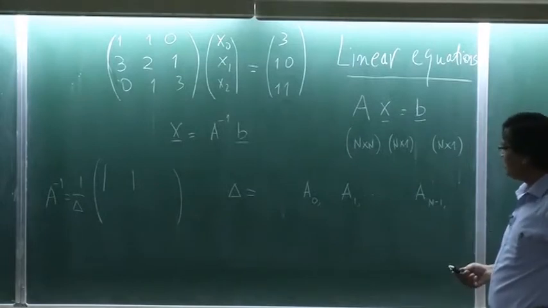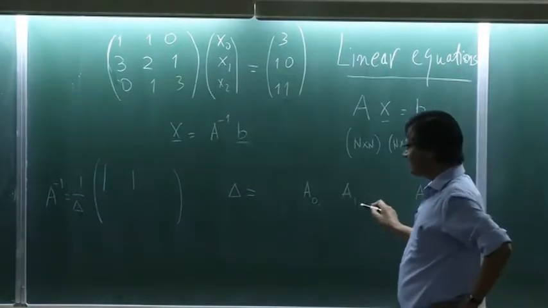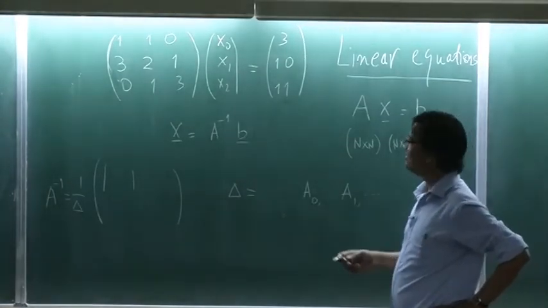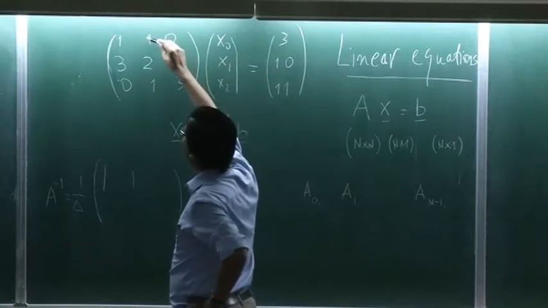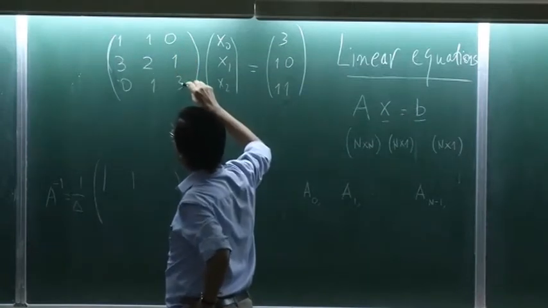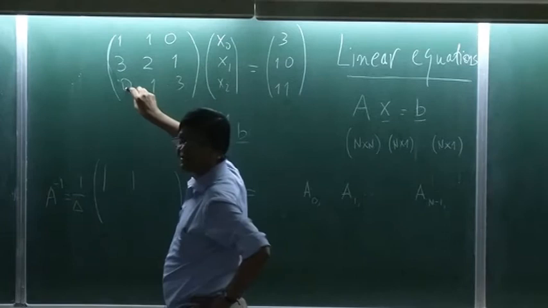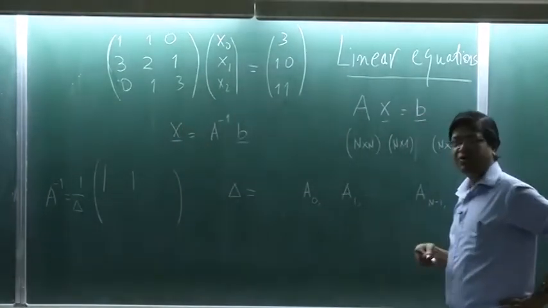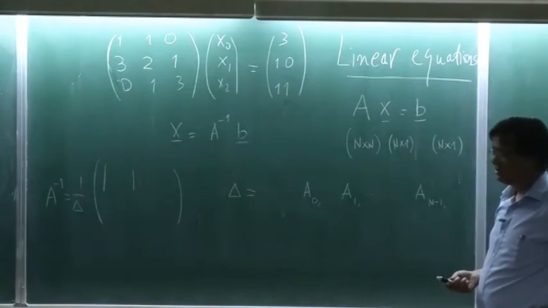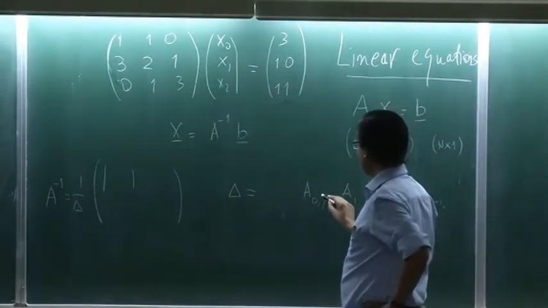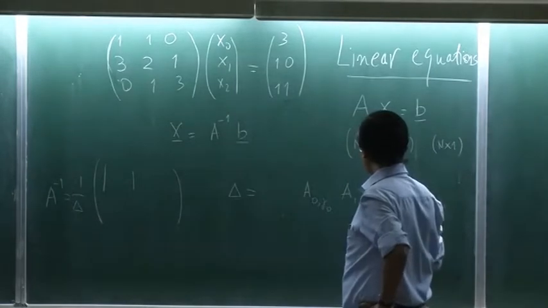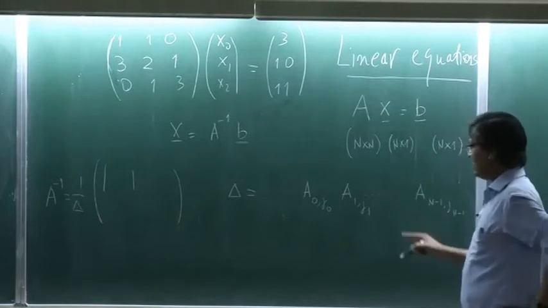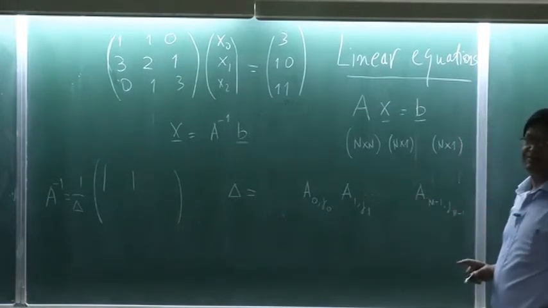Now, the column index will come next, but they will be all distinct, right. For the determinant, all the rows are different and all the columns also must be different. So, the columns I call J0, J1, J n minus 1, and all the J's must be distinct.